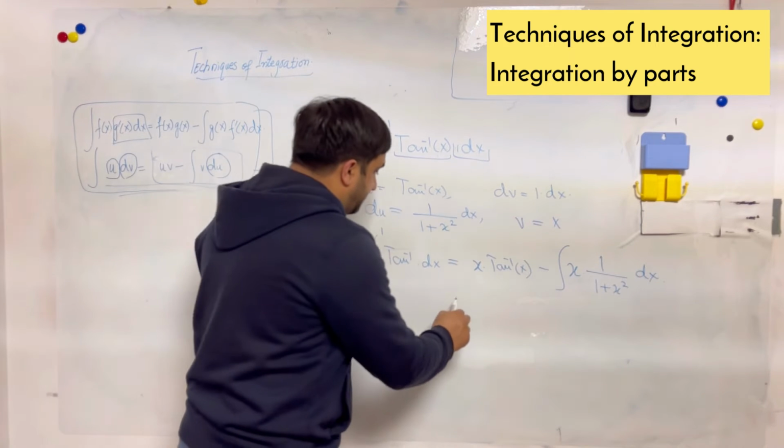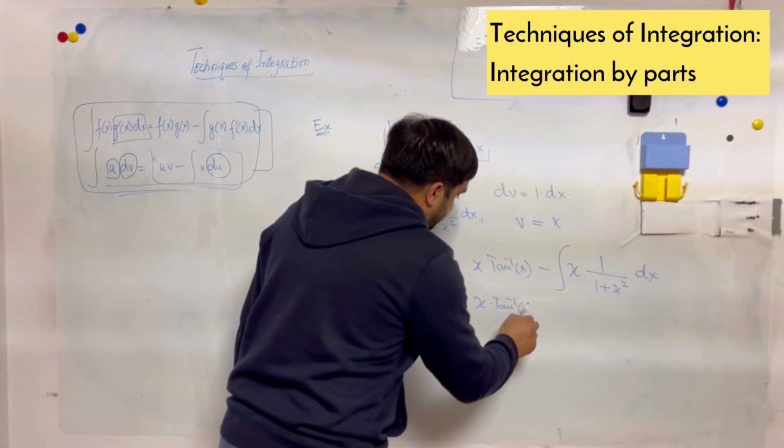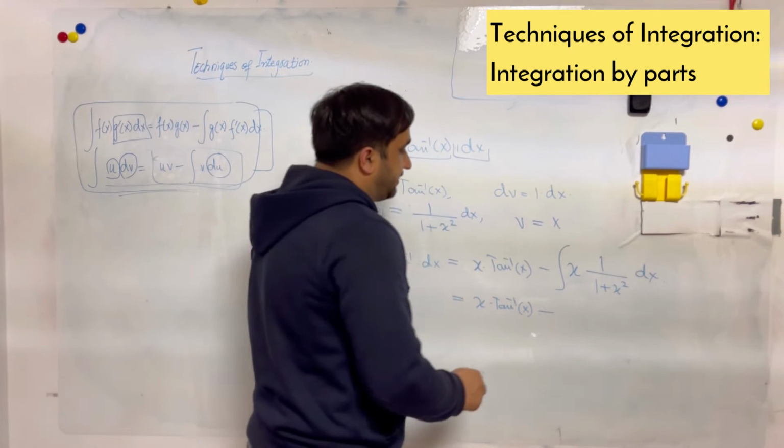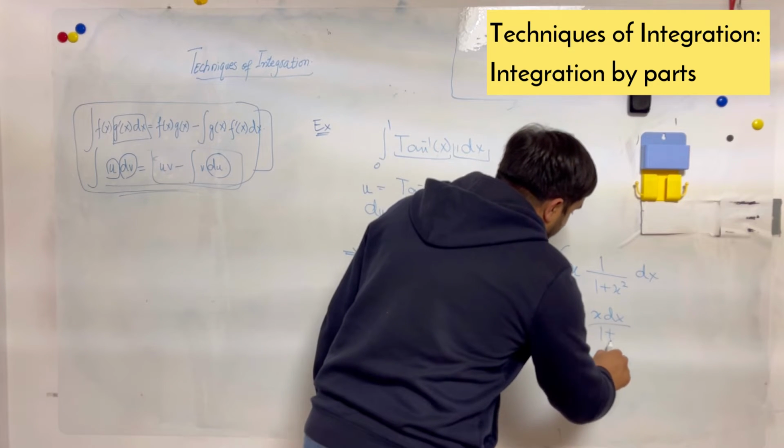Now this is okay, x tan inverse of x, no integral, minus, you see, this is equal to x dx over 1 plus x square.